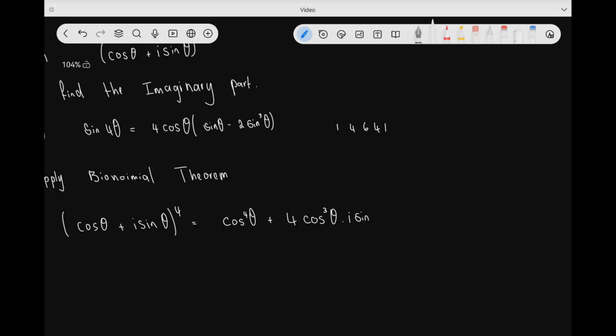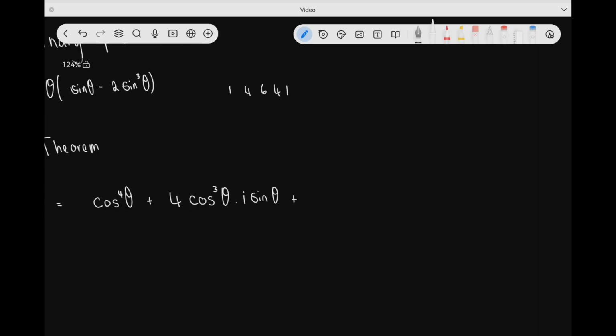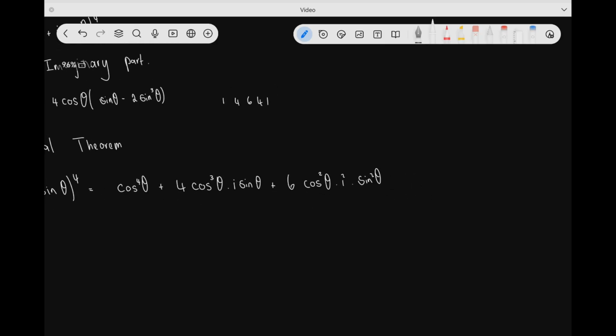Times i sine theta plus, I'm using the same technique as earlier, by the way, but this time I'm just doing it in my head. Eventually with some practice you'll become quite good at it. Times i squared times sine squared theta plus, we're left with 4 cosine theta times i to the 3 times sine cubed theta.